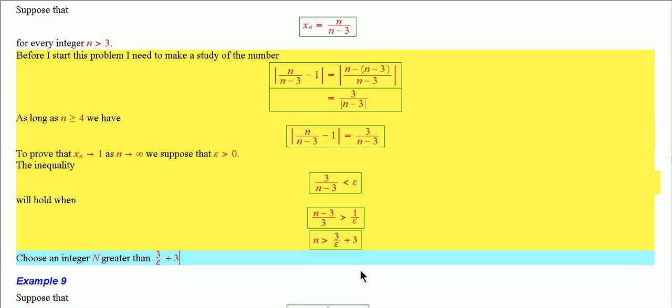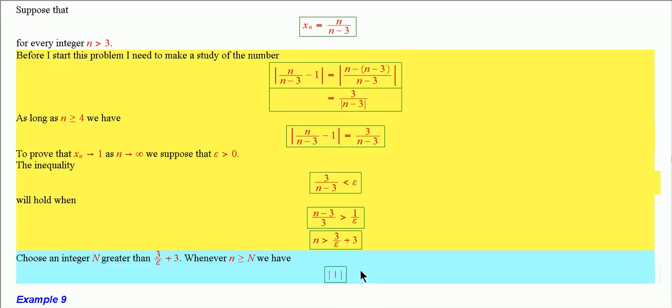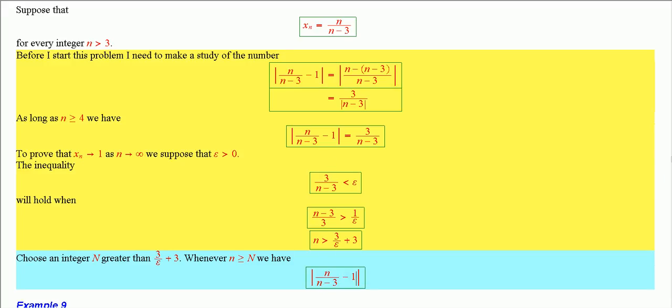Choose an integer big N greater than that. Then let me tell you, whenever n is greater than or equal to big N, we have the distance between n over n minus 3 and 1 will be less than epsilon, because this inequality, that this distance is less than epsilon, says that, and it definitely holds for all these values of n.